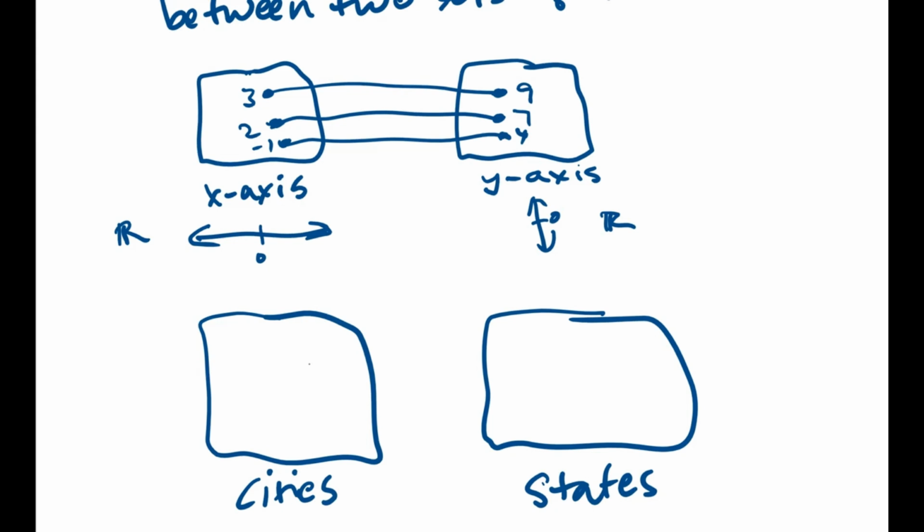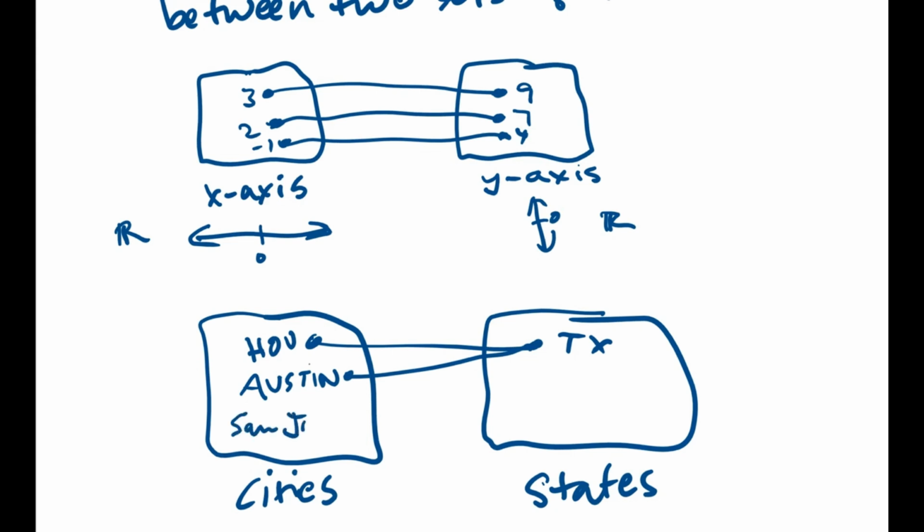Now, you could have something like Houston goes to Texas, and let's say Austin also goes to Texas. No problem there. Now, there could be a city, let's say something like San Jose. Now, I know there's a San Jose in California, but there's also a San Jose in New Mexico.